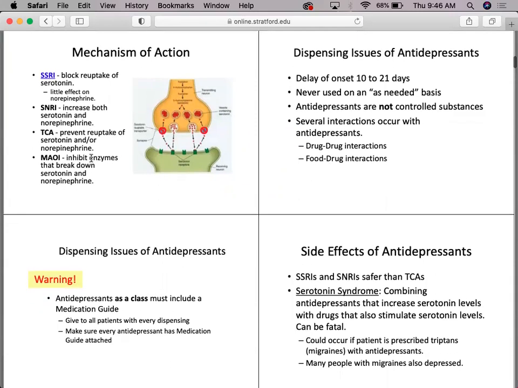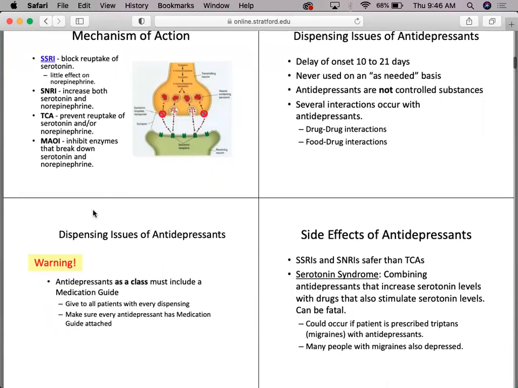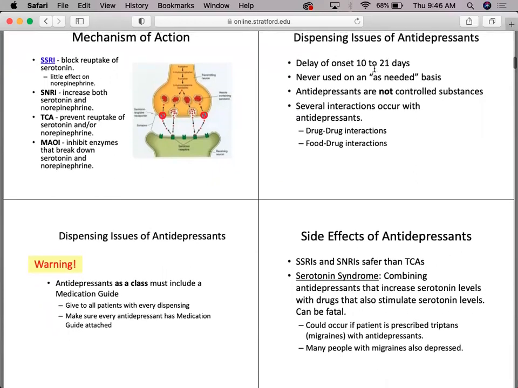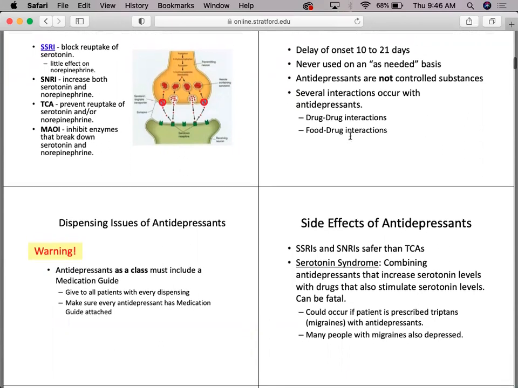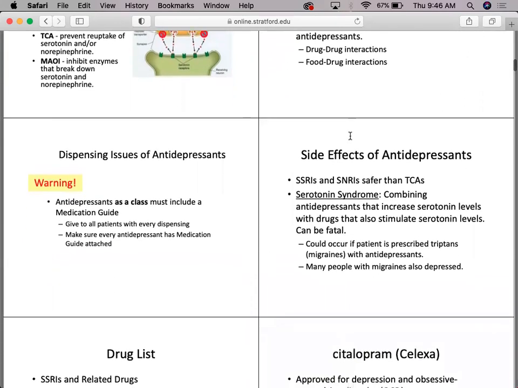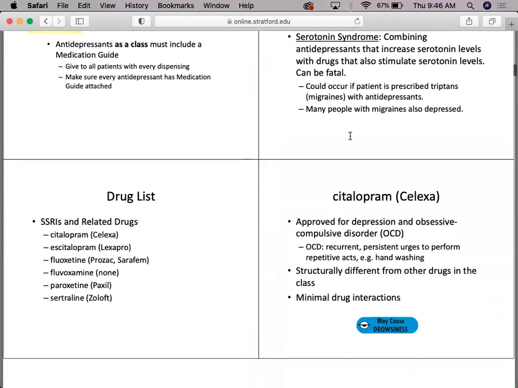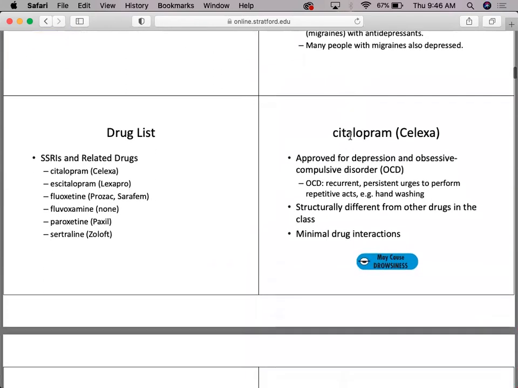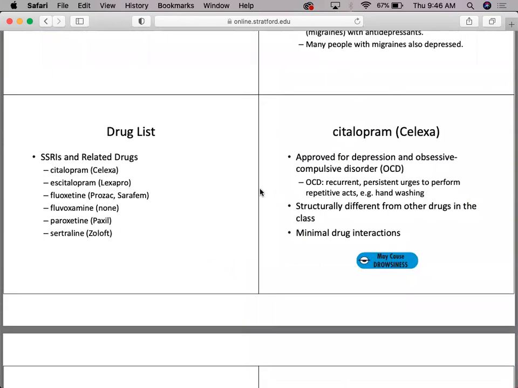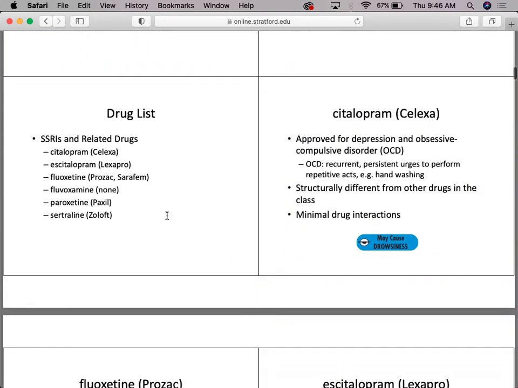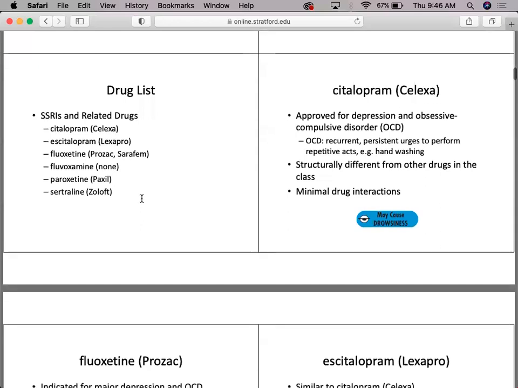TCA, you could figure out all possible ways. And the big thing is what? It could take up to a month to work, which is hard on compliance, because if the patient doesn't see results, they tend not to take the medication. The most common: Lexapro, Prozac, Paxil, Zoloft.